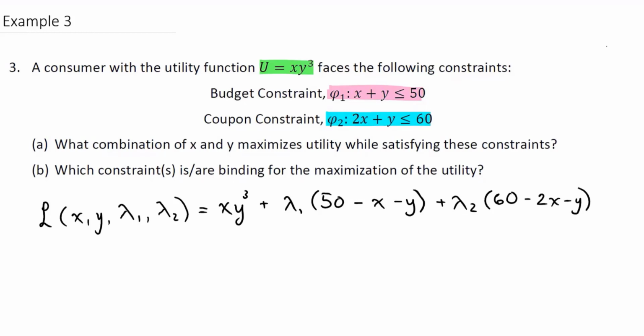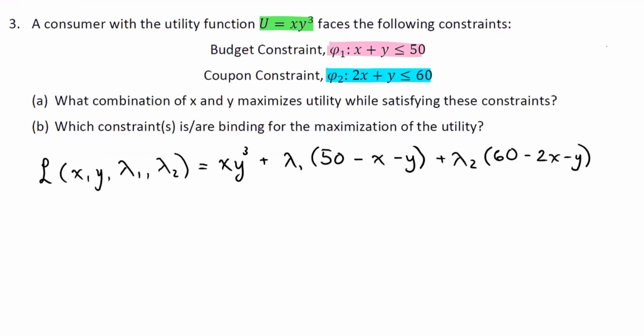Now I'm going to show you a slightly different approach than what I did in the previous examples. Before I start looking at which constraint I'm assuming is true, I'm just going to take the derivative of the Lagrange function with respect to all of the different variables. With respect to x, the derivative of the first term is y cubed.